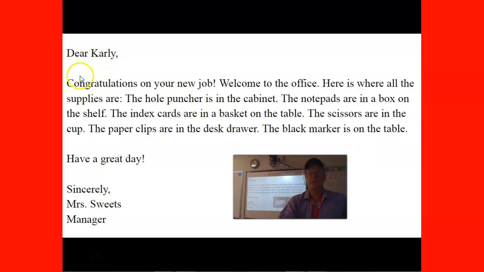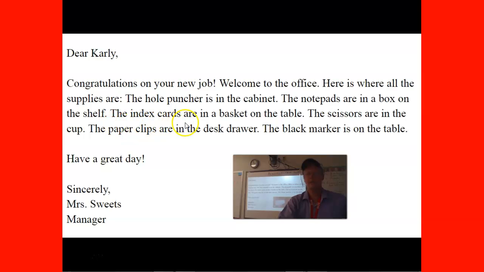Dear Carly, congratulations on your new job. Welcome to the office. Here is where all the supplies are. The hole puncher, the hole punch, is in the cabinet. The notepads are in the box on the shelf.